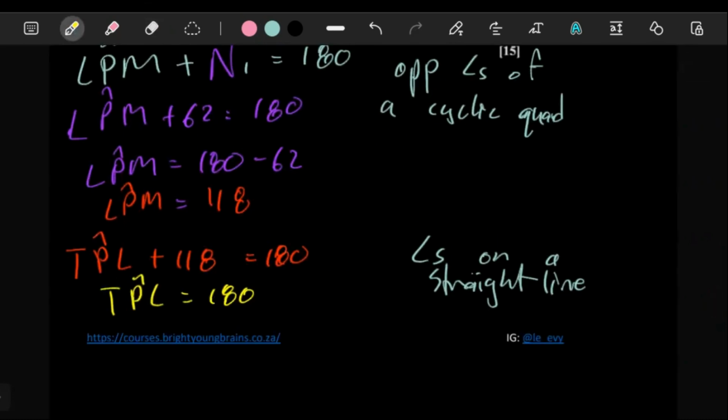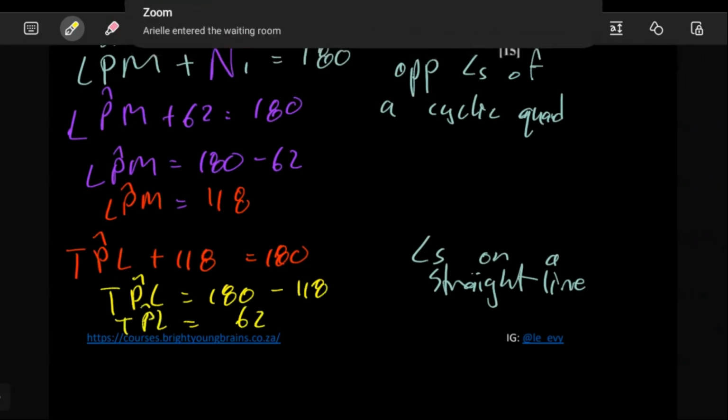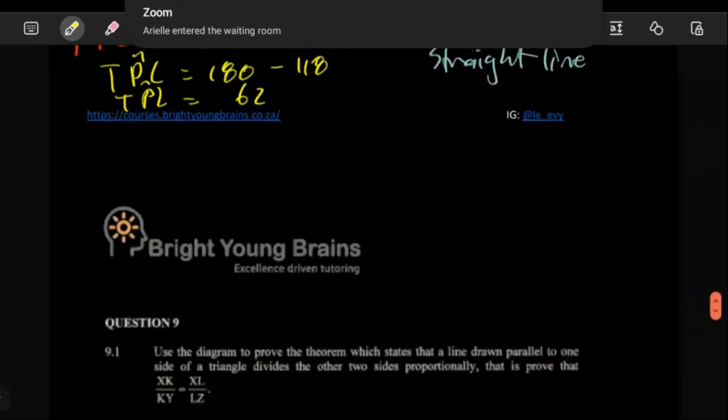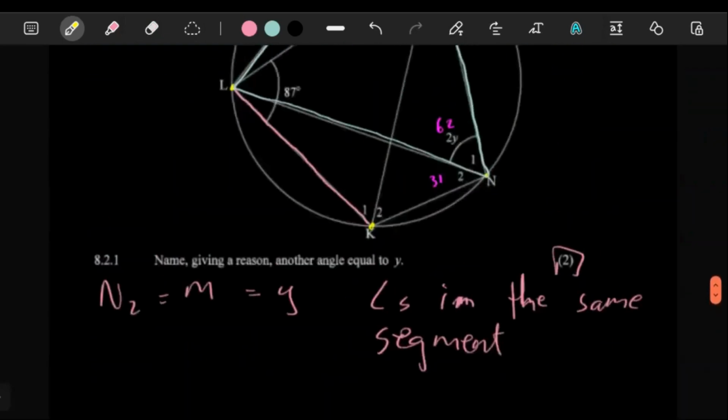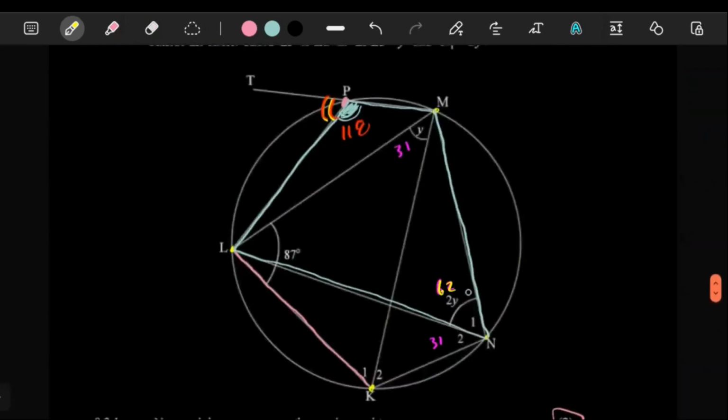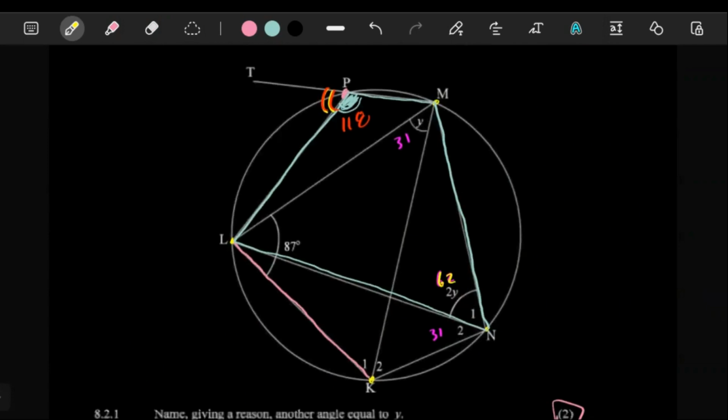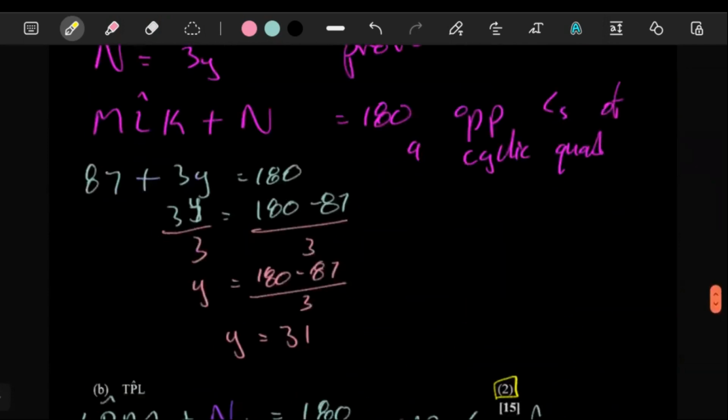There are different ways to do the same thing. So as soon as you got this 62 here, I don't even know why I did everything. How many marks were they offering for this question? Only 2 marks.